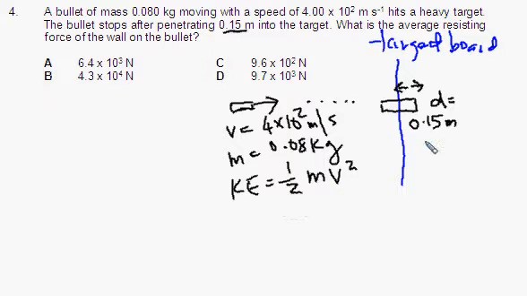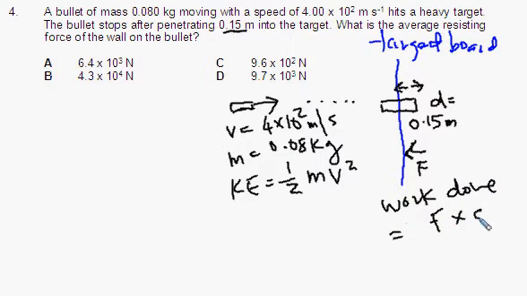When it starts to penetrate, as mentioned, there's a resistive force inside the board that opposes the motion. This is my F, and it's trying to do work against the motion. So this is the work done, my resistive force F times the distance moved.